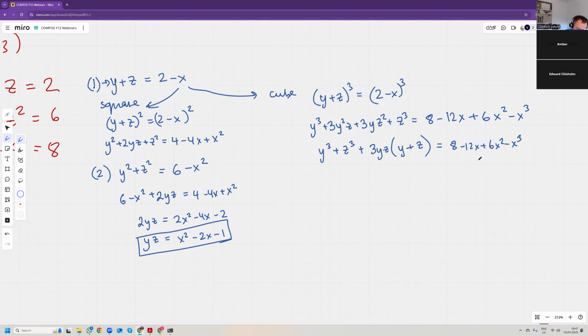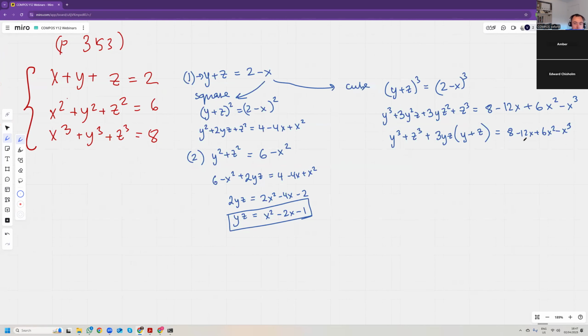Now from the third equation, we're doing a very similar thing. From the third equation, we get y cubed plus z cubed equals 8 minus x cubed. And we sub that in. So that becomes 8 minus x cubed plus 3yz(y plus z) equals 8 minus 12x plus 6x squared minus x cubed.